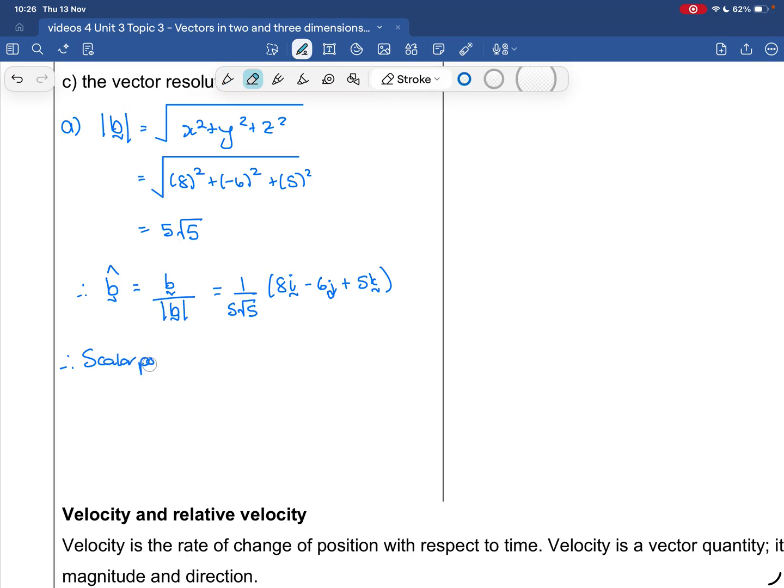Okay, so therefore my scalar projection of A on B is going to be A dotted with my unit vector in the direction of B, and that's going to be negative 6i plus 2j minus k.